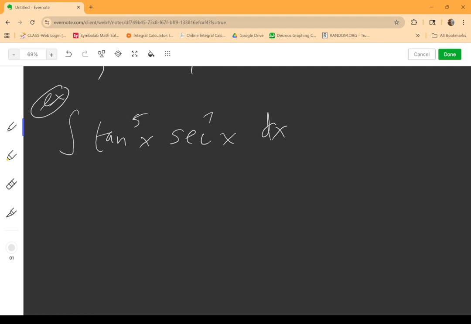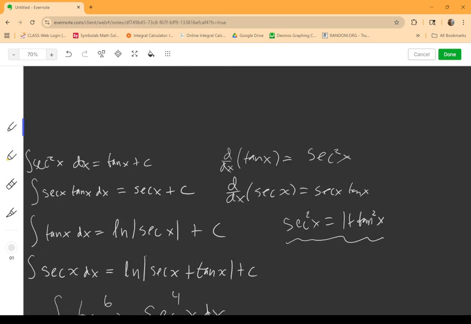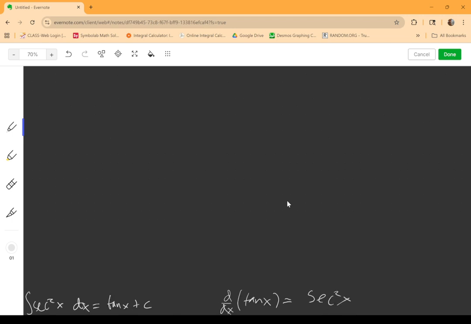So instead, if I can't lean on the derivative of tangent being secant squared, I'm going to lean on the derivative of secant being secant x tangent x.